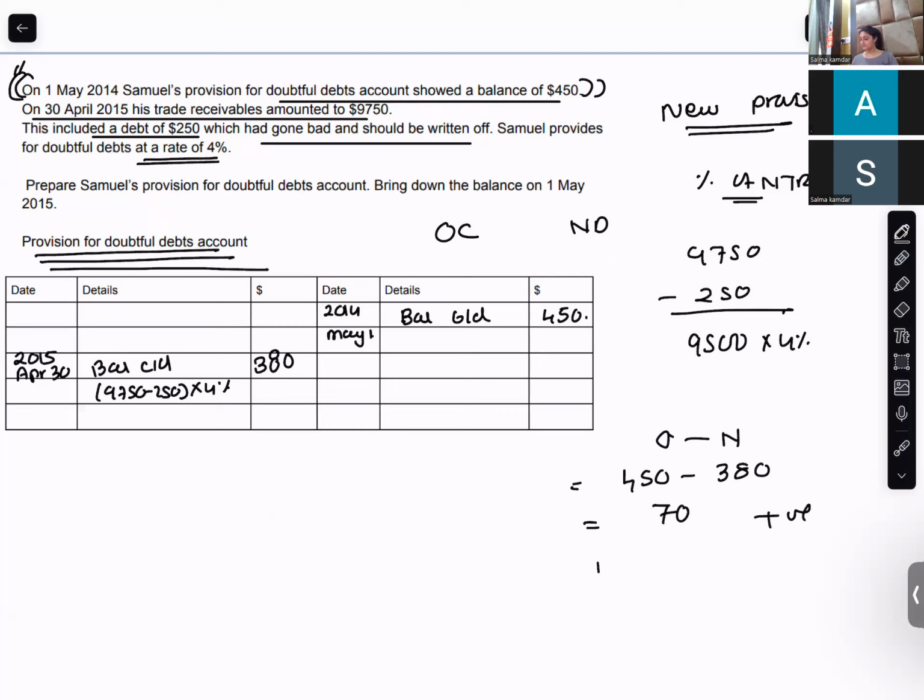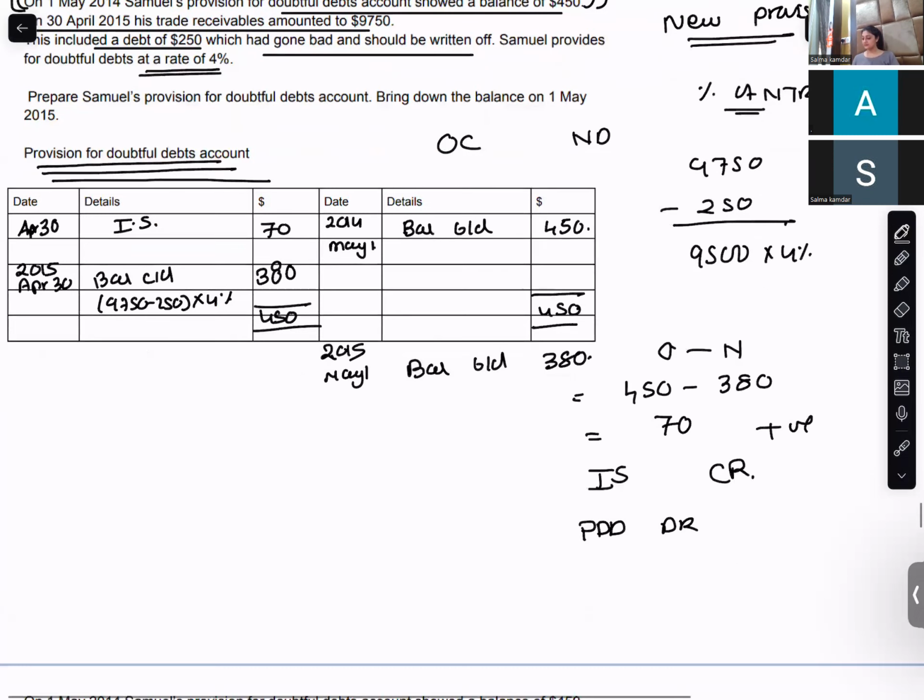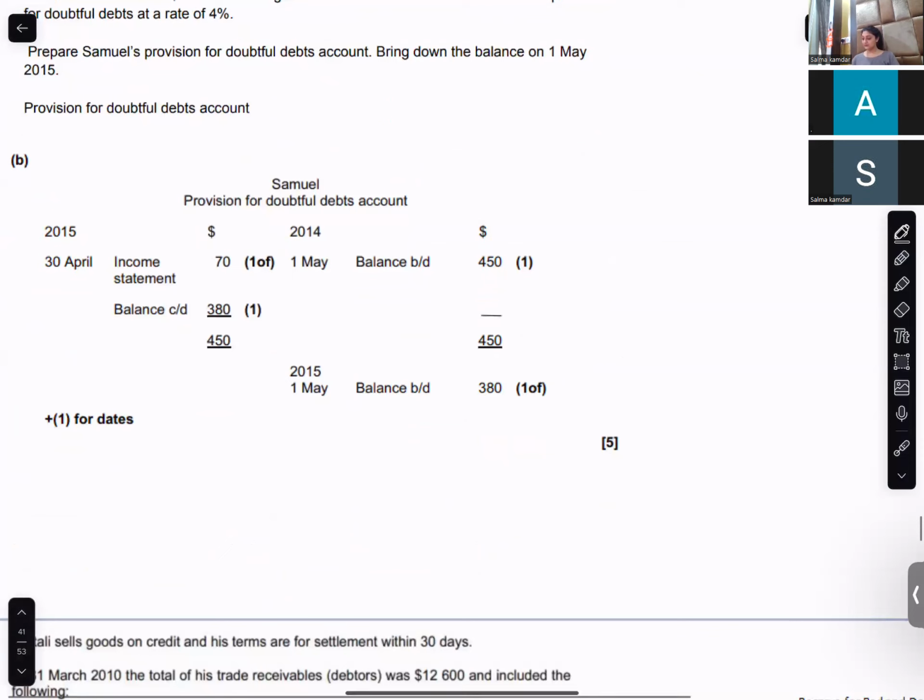So other income, income statement credit, PDD debit. Don't forget to bring down the balance. Date, 2015 May 1, balance brought down, 380. Done. So this was the sum.